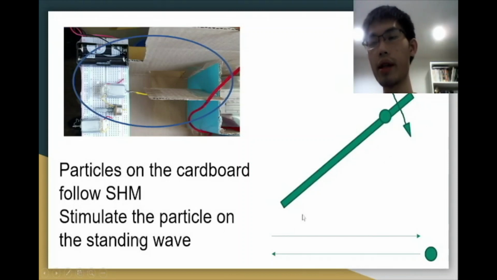If we look at this figure, we know that the particles on the cardboard will rotate, and if we project this motion to the horizontal plane where the photoresistor lies, we will find that it will move like a simple harmonic motion.